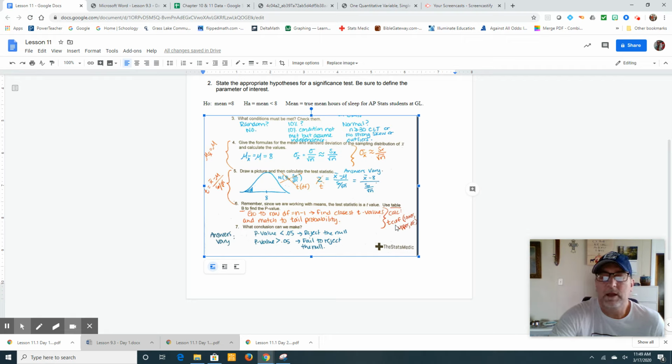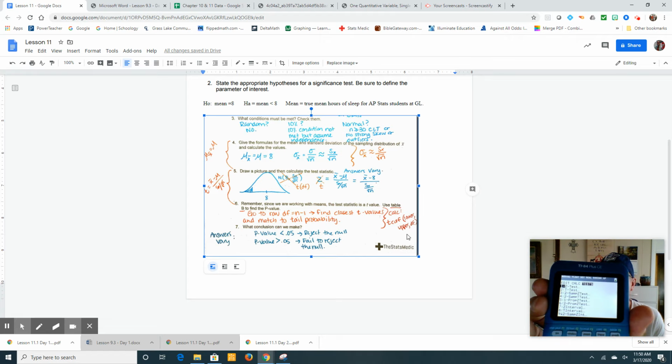Or on our calculator, they tell us we can use tcdf with lower, upper, and degrees of freedom, and I'm going to go through that. But we could also just do a t-test. With your calculator, if you go to test, you can just choose a t-test, which was number 2 there.